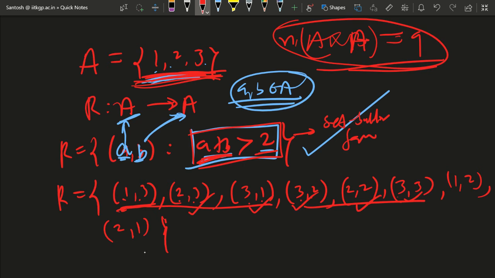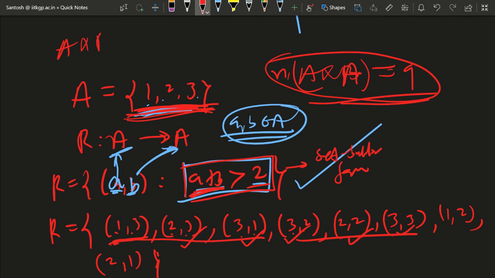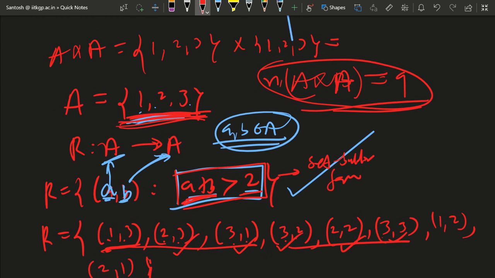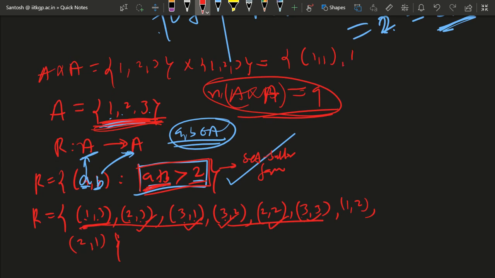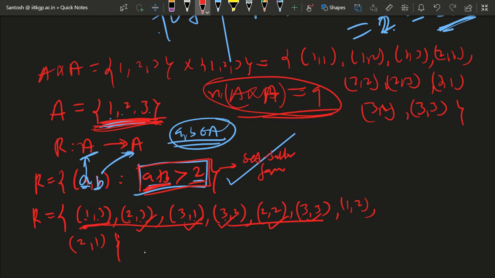And actually a relation is nothing but a subset of A cross B. So you may do this question in another way also: you first find A cross A by multiplying these two sets, and that will be (1,1), (1,2), (1,3), (2,1), (2,2), (2,3), (3,1), (3,2), (3,3). So the Cartesian product contains only ordered pairs. Since a relation on set A is a subset of A cross A, you select those elements from A cross A which satisfy this condition.